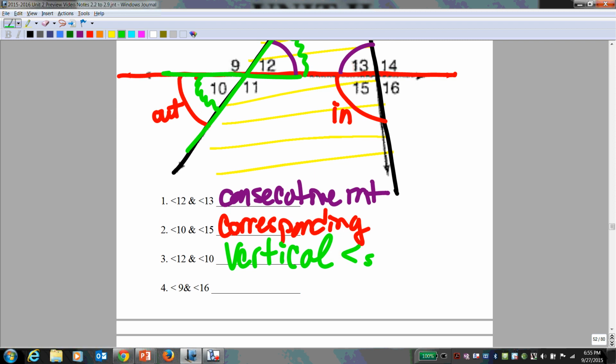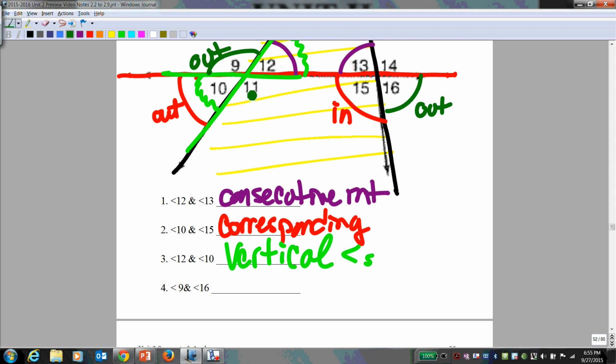Let's do 9 and 16. 9 and 16 are both outside of the lines, but they're on opposite sides, so we would call that alternate exterior angles. Alternate exterior.